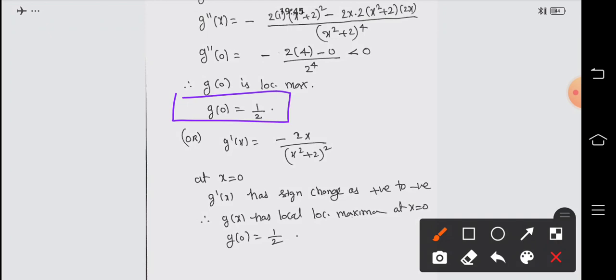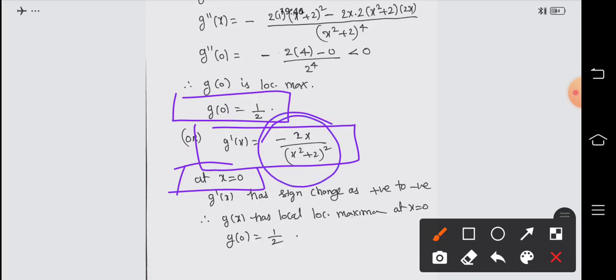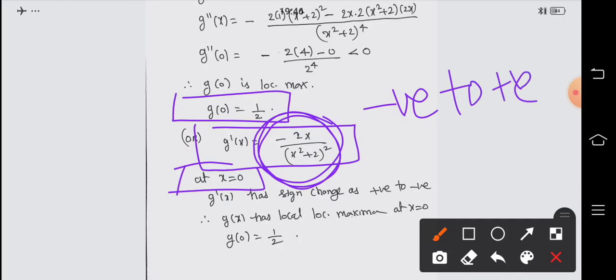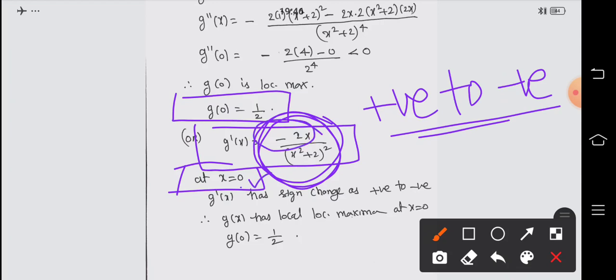Otherwise, alternate method: g dash of x, what we got? At x is equal to 0, this first derivative has a sign change, positive to negative. Because before 0, negative will come, negative into negative is positive.